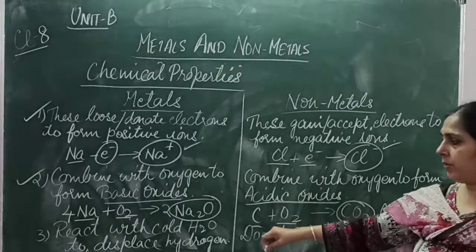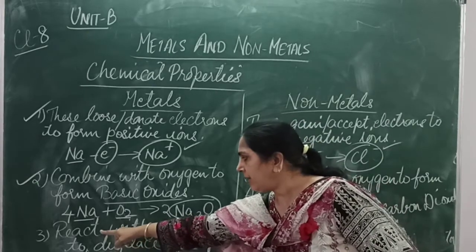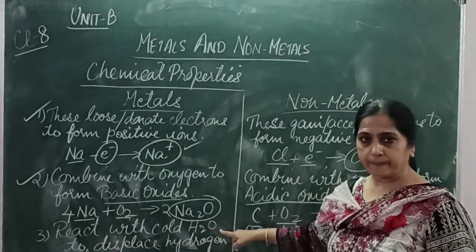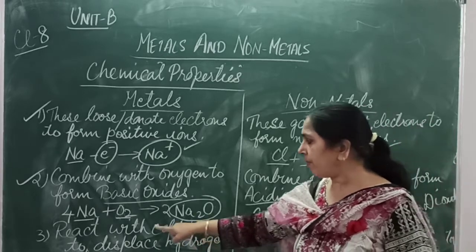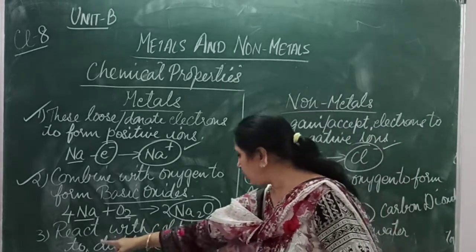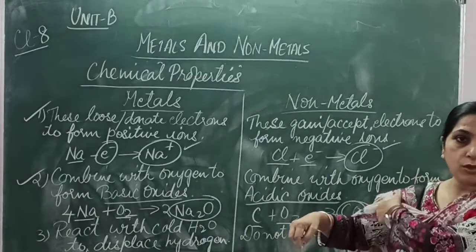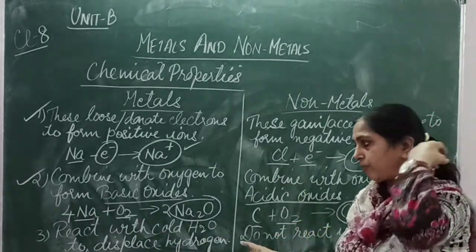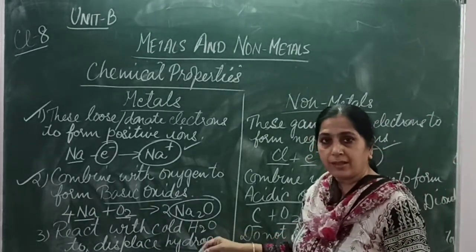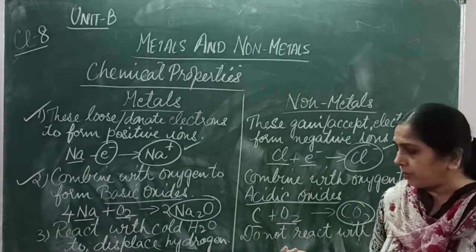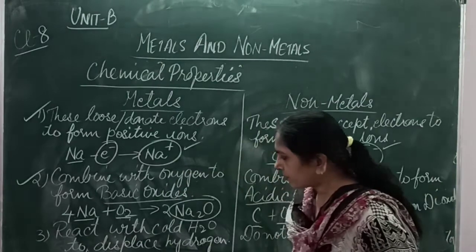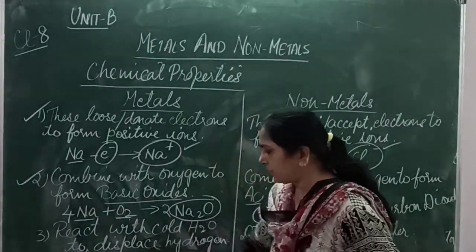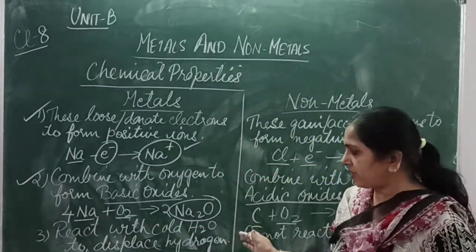Now the third property: metals react with cold water. What is the formula of water? H2O. So metals react with cold water to displace hydrogen. What do they do when they react with water? They displace hydrogen, that is, hydrogen is liberated or given out. Now see this example: sodium plus H2O, that's the reaction with water.